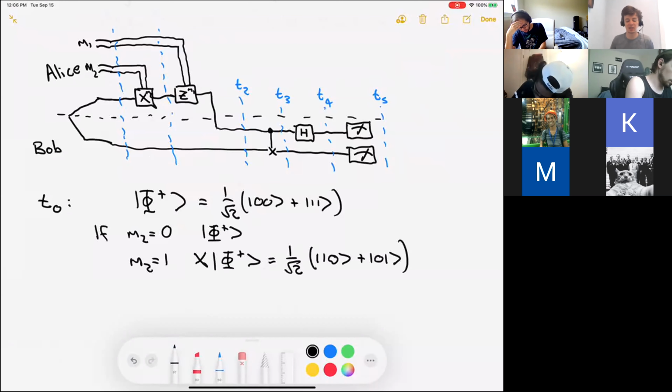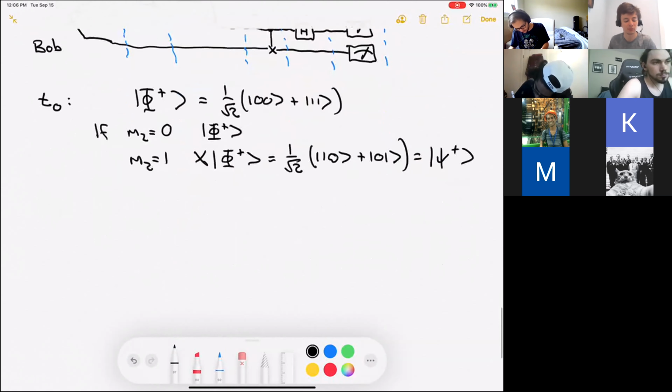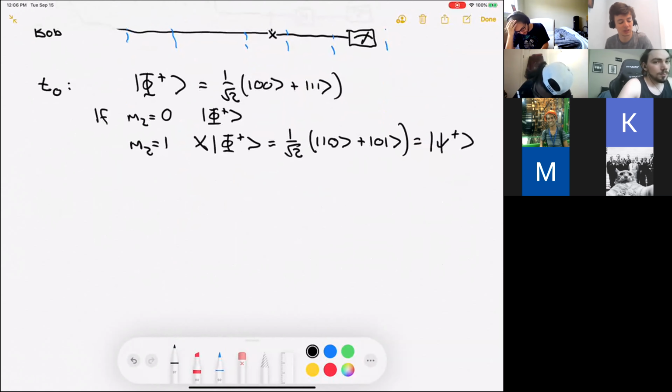There's a name for this state. Anyone know what the standard name for this state is? It was mentioned in the previous lecture, but only briefly. Psi plus. Indeed. Okay, we normally call this state psi plus. And it's orthogonal to phi plus. Very easy to check. Okay, so this is T1.